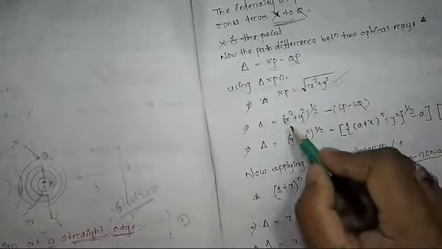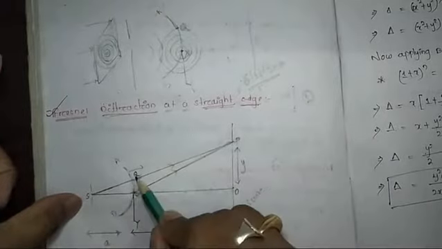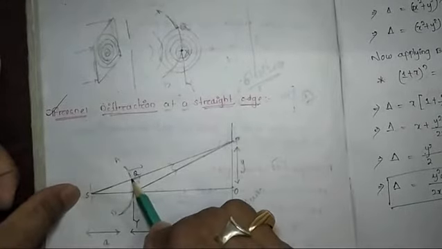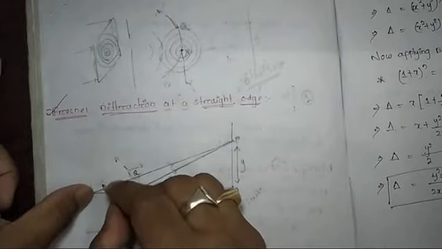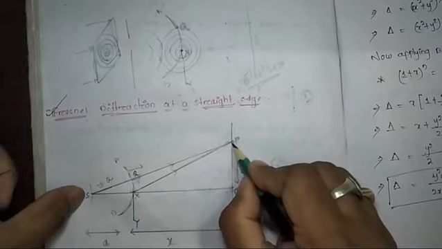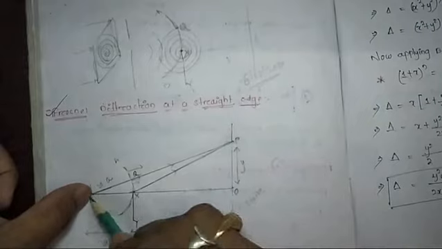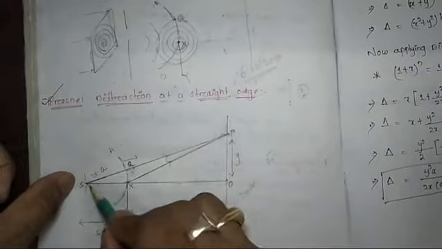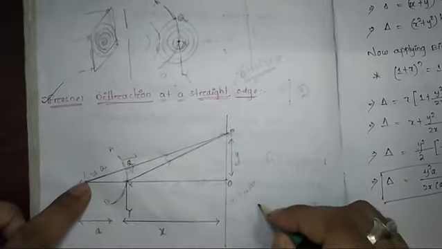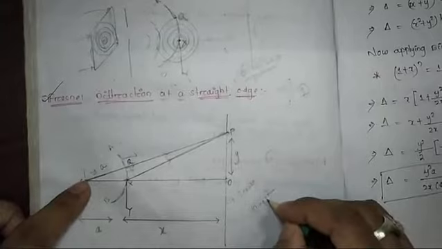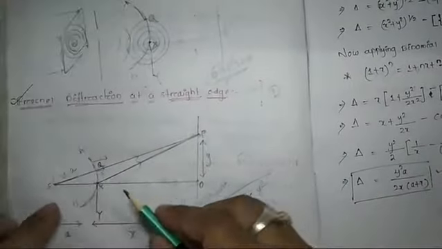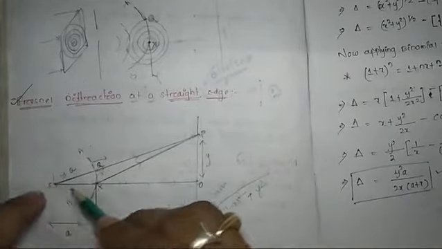Now the path difference will be this one minus QP. QP is nothing but SP minus SQ.